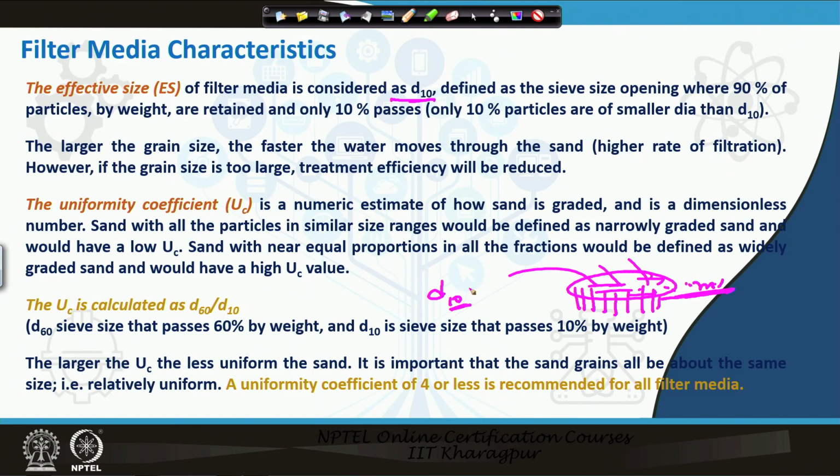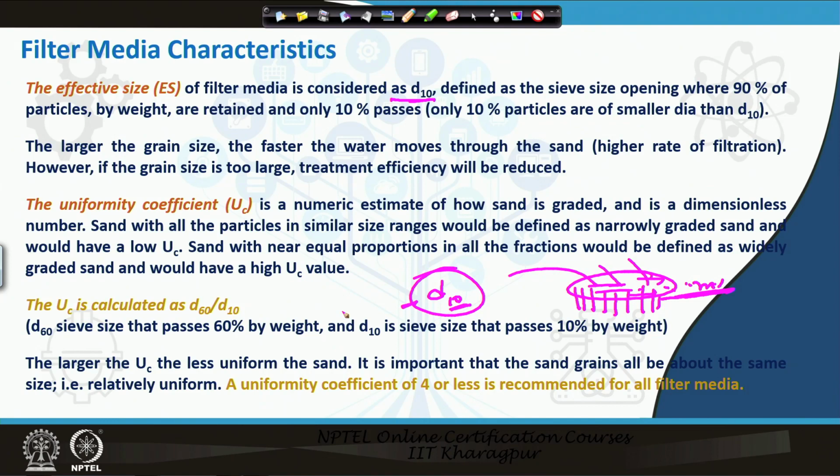So, effective size means most of the particles, 90%, are of size bigger than this size, so that is why they have not passed. Only 10% of particles could be of a smaller size, and that is why those 10% have passed when we sieved using this particular size. That is known as D10.